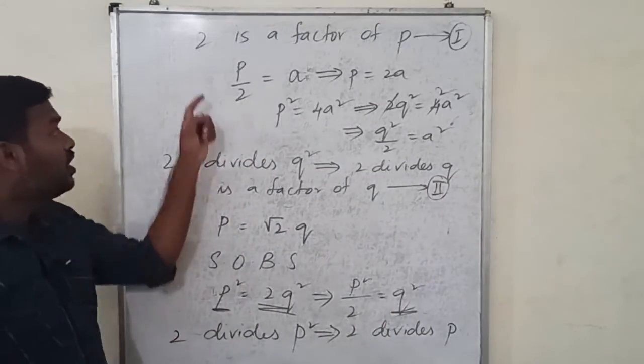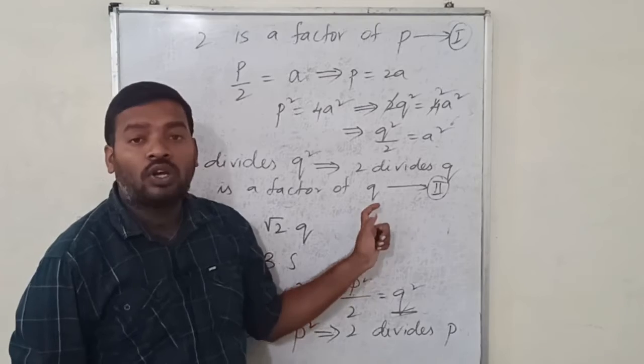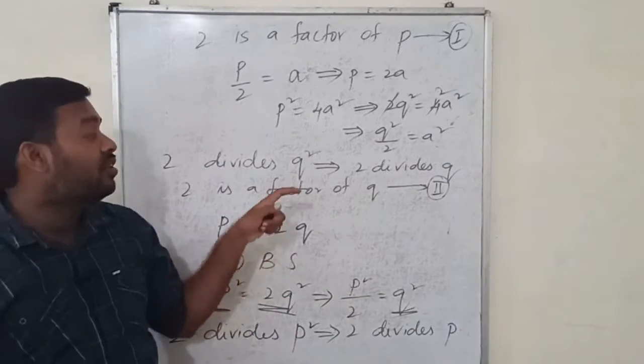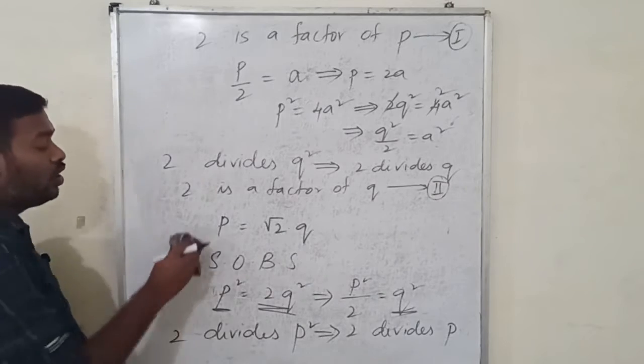First statement is 2 is a factor of P, and second statement is 2 is a factor of Q. That means 2 is a common factor for P and Q, but we said that P and Q are co-primes.